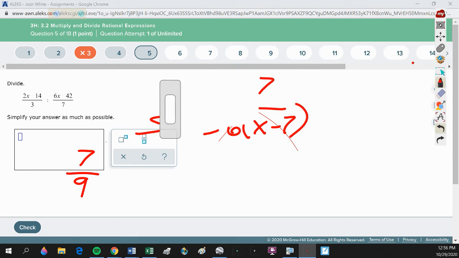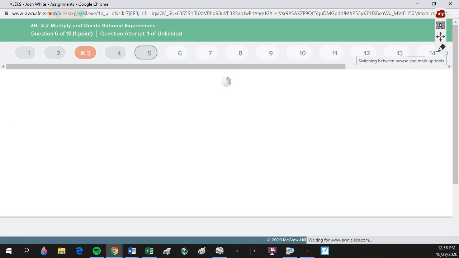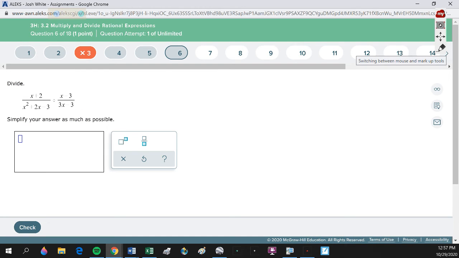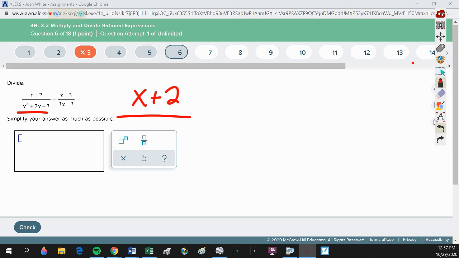Okay, and then I think this is the last one. So on the left side, we have x plus 2 over, factor that, two numbers that multiply to be negative 3 and add to be 2. So 3 and negative 1.